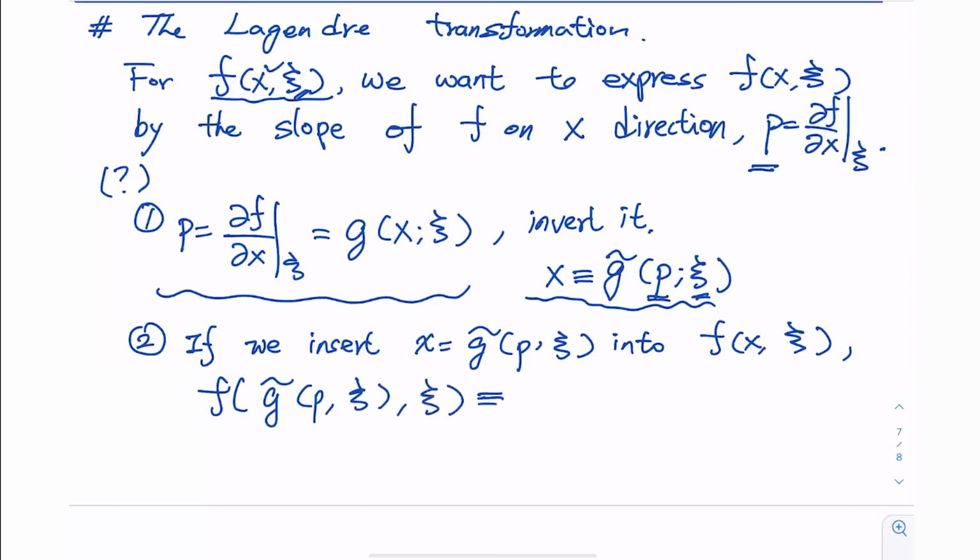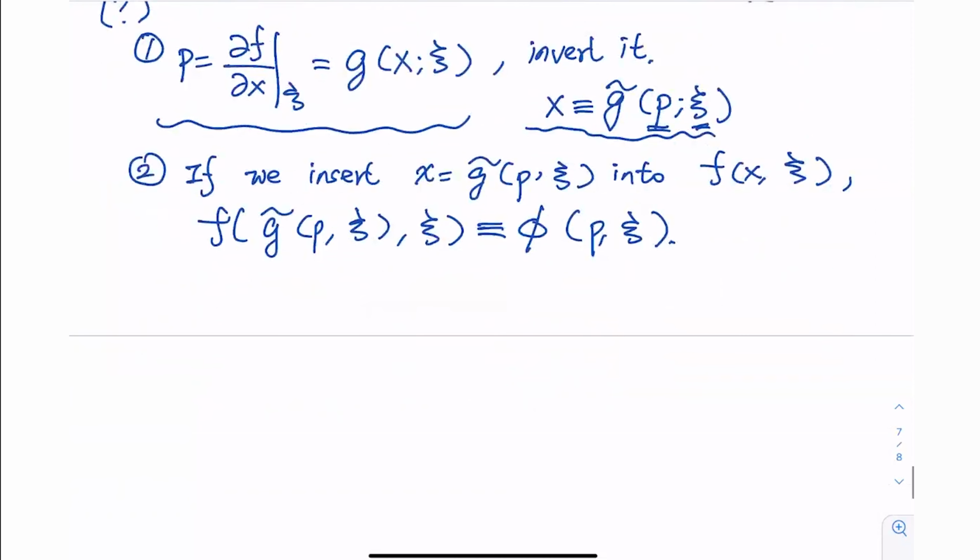We can define it as the new function phi of p, c. Then it seems like we achieve our goal if we follow this strategy, right? So the fact is that we are almost there, but not quite yet.